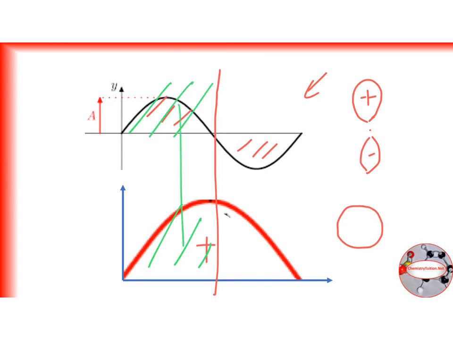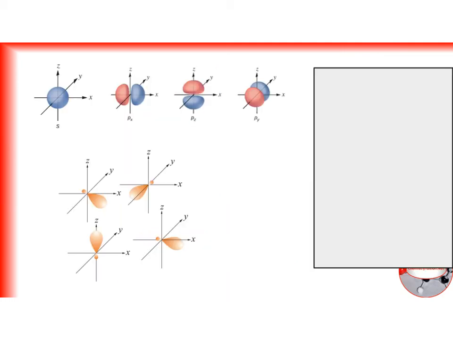So these would grow because they're both in the positive phase, whereas this part and this part would have destructive interference because this part is negative and this part is positive. And that's why you end up with, in this example, this lobe here getting much bigger, and this lobe becoming much smaller when you form your hybrid orbitals.